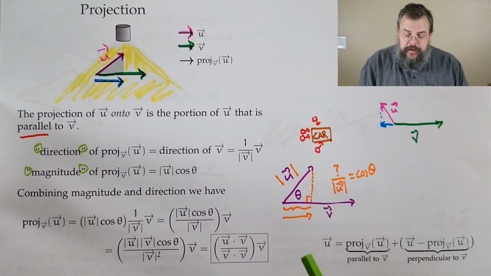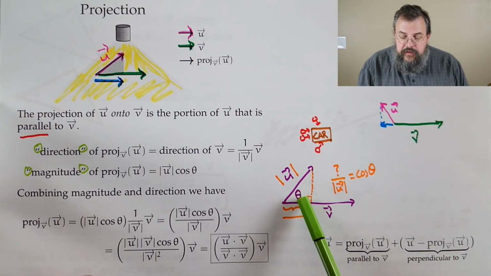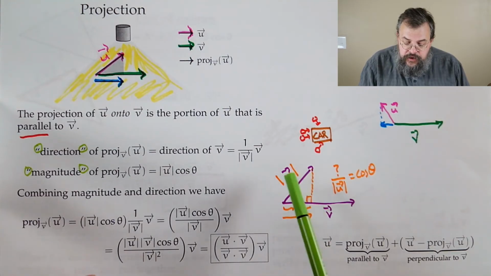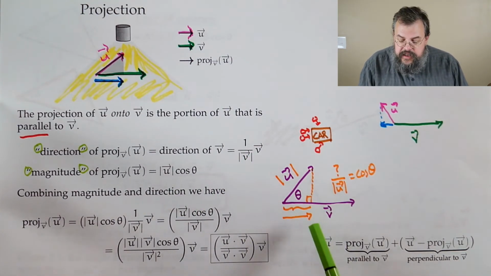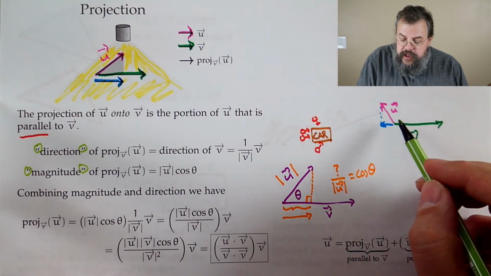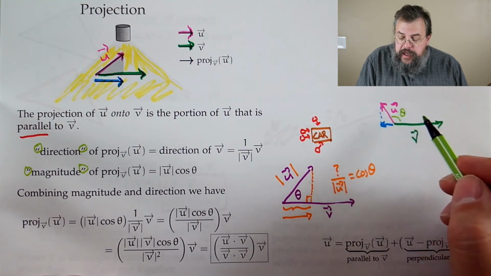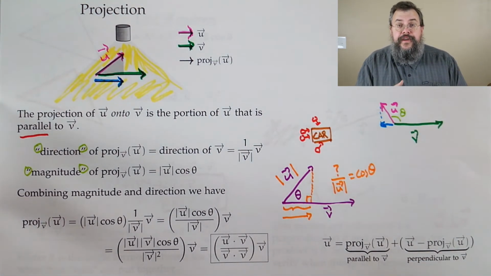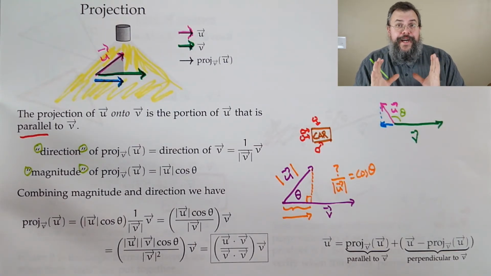If we are in the situation where the angle is acute, in other words, it's less than 90 degrees, then it's true that the direction and the magnitude are exactly what we've talked about. If we're in this case over here, where the angle is above 90 degrees, so we would call that obtuse, it's actually not quite right.